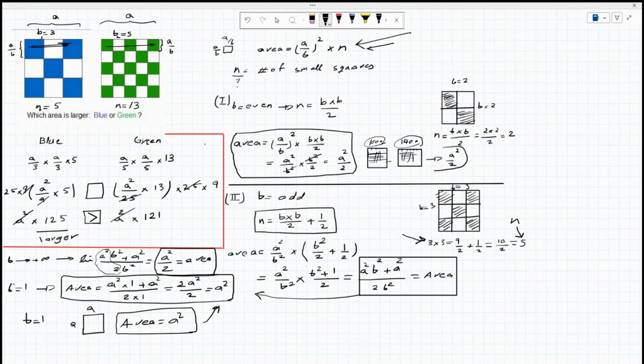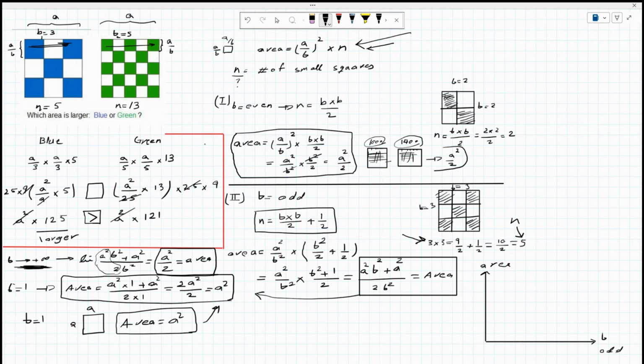We can conclude this nicely with this diagram. If I want to show the value of area when b is an odd number: when b is a very big number, the area is going to be a² over 2.